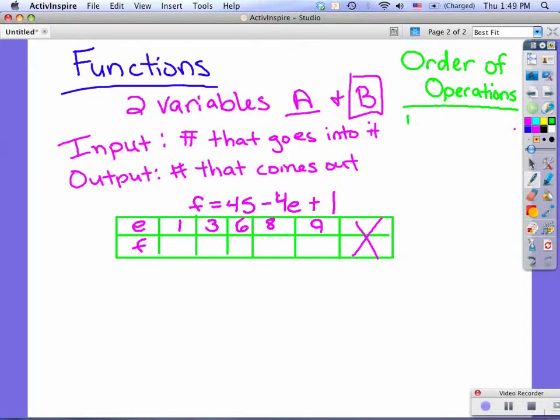We start with P, which is parentheses. Please excuse my dear Aunt Sally is what we usually say. This is exponents. You won't work with exponents really at all in 5th grade. This is when you see the little numbers at the top.